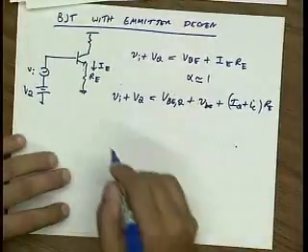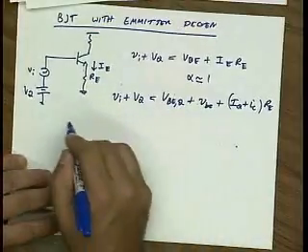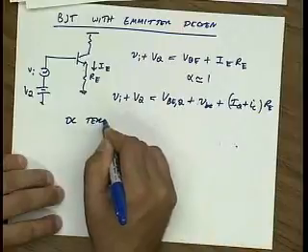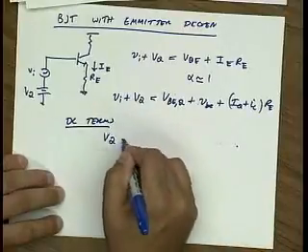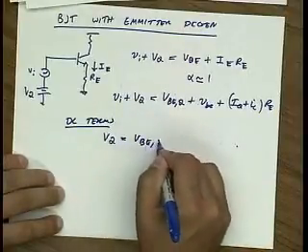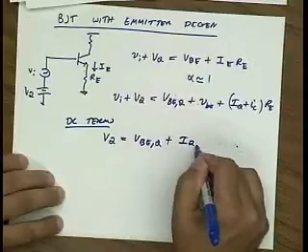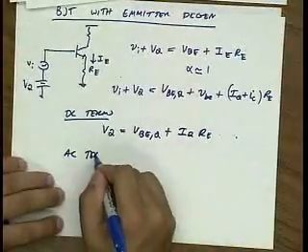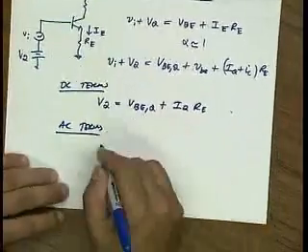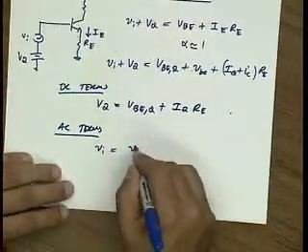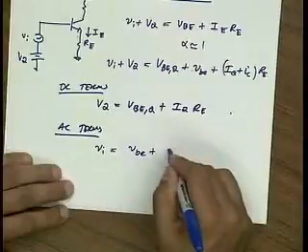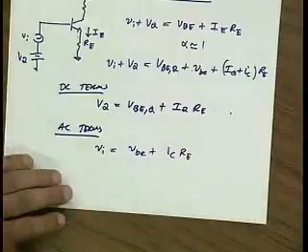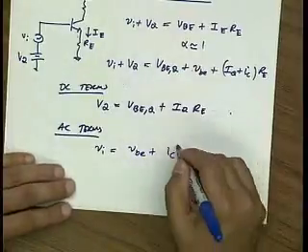And if I now split this into DC terms, I have that VQ is VBEQ plus IQRE, and then my AC terms look like Vin is equal to VBE plus ICRE. But this is my output signal.